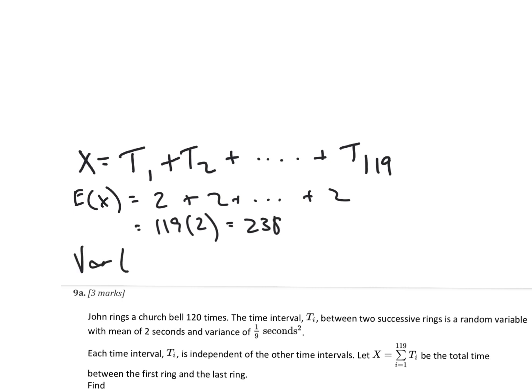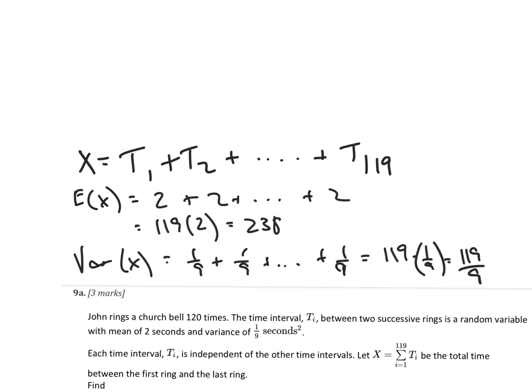Similarly, if I look at the variance of x, it's going to be equal to the variance of t1 plus the variance of t2, and so on and so forth. And the variance I know is 1/9 plus 1/9 plus all the way up to this one. So in total, it's going to be 119 times 1/9, which is 119 over 9, is the variance.